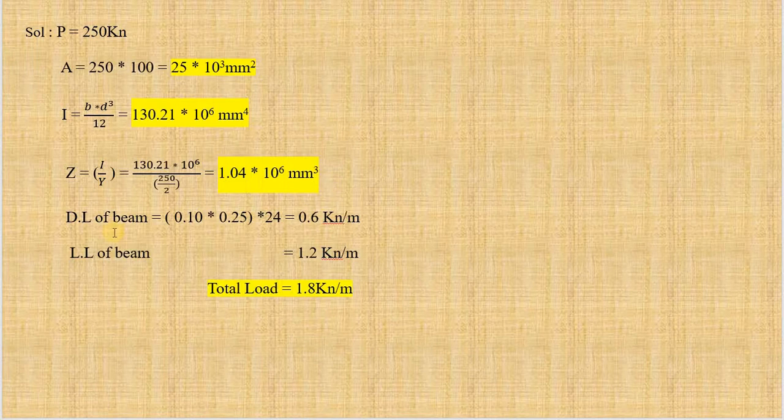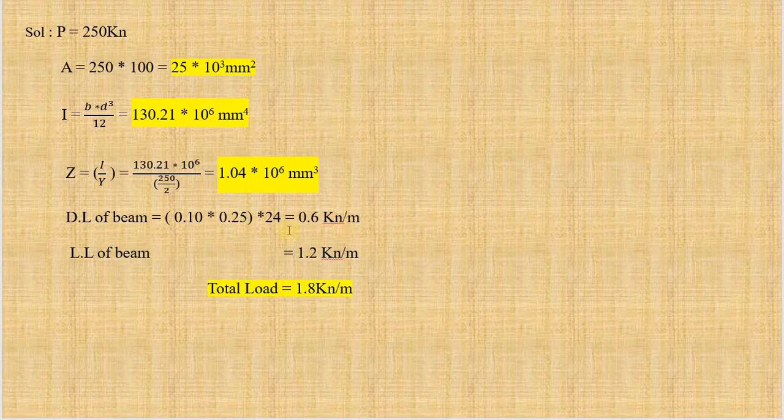Next is a calculation of dead load. Dead load on beam is the cross section area of the beam into density. Here the area is in mm, but I have converted it into meter, so it is 0.1 into 0.25 into 24 kilonewton per meter cube. Density is 24 kilonewton per meter cube.